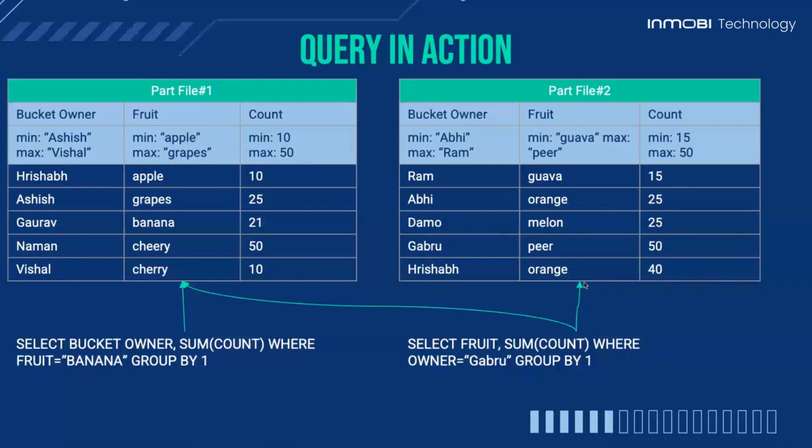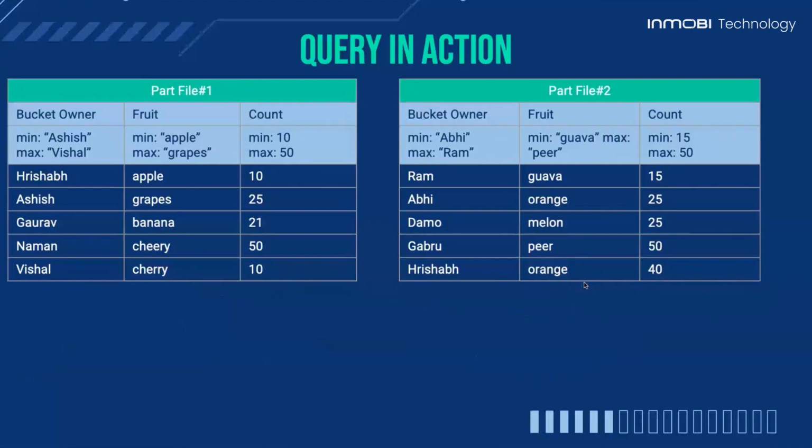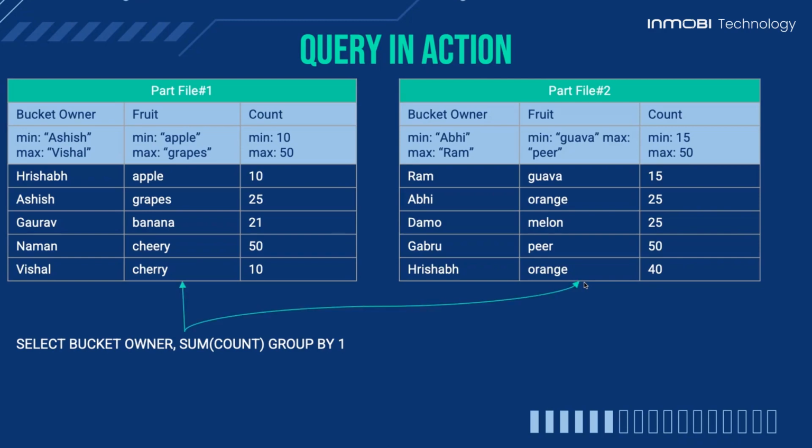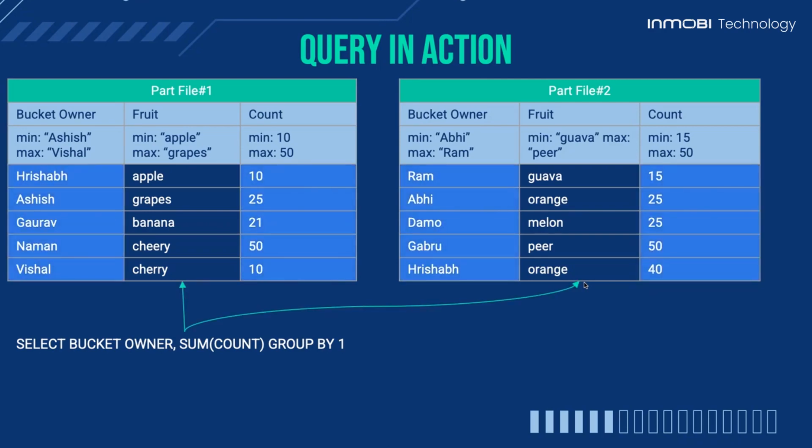Okay, now think of another scenario where you are looking for the count held by each individual owner. This is definitely something where you need to read data from both the files. You need to know the count and do the sum, but the columnar format gives you the advantage that you skip reading the fruit column altogether.